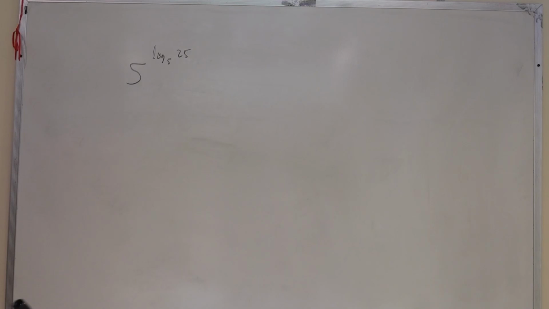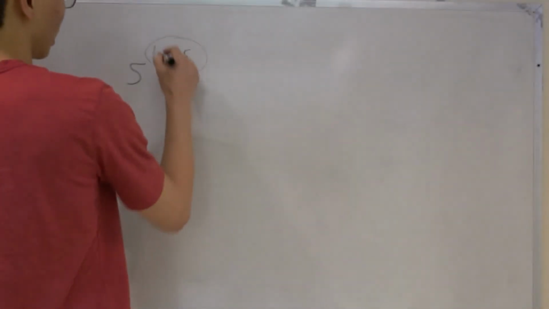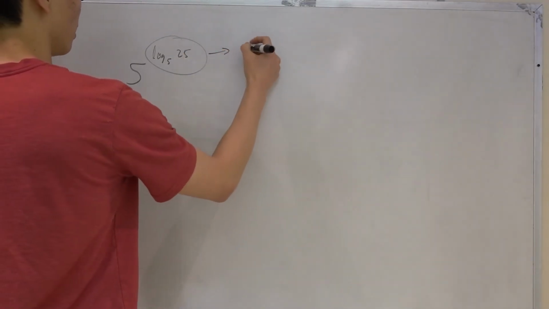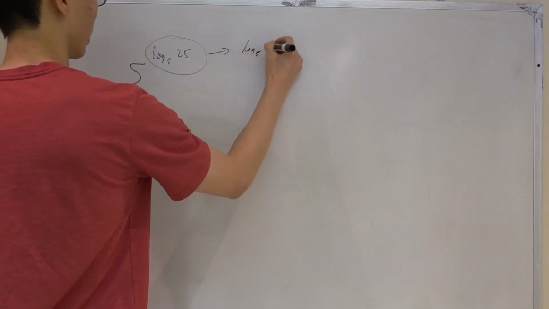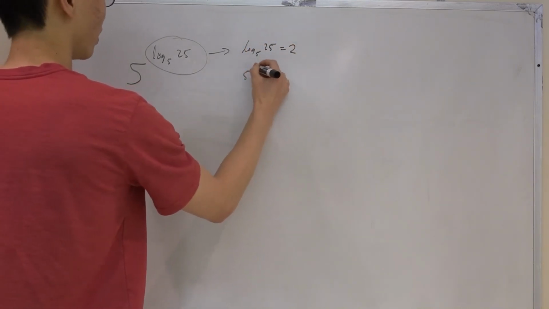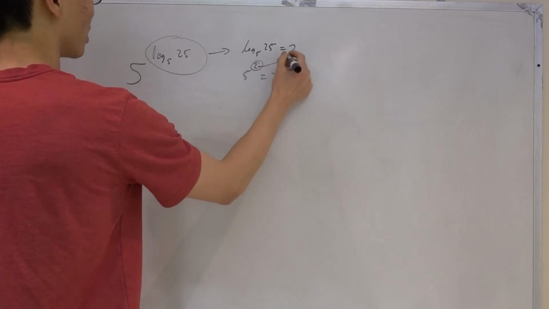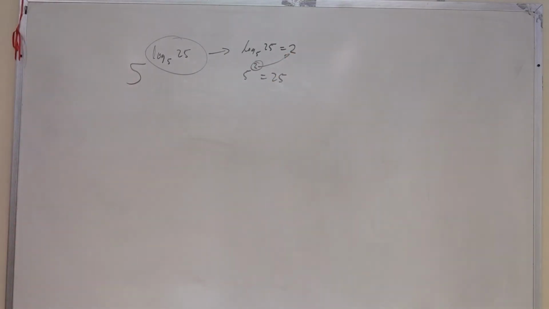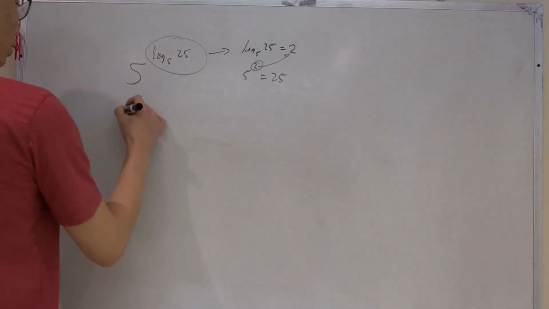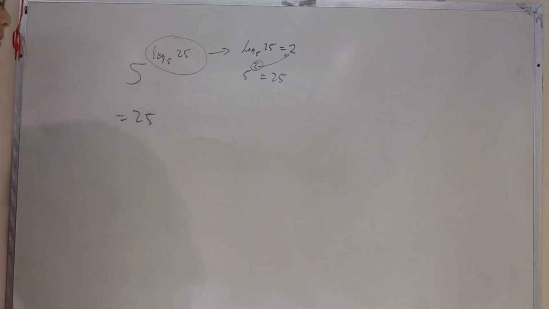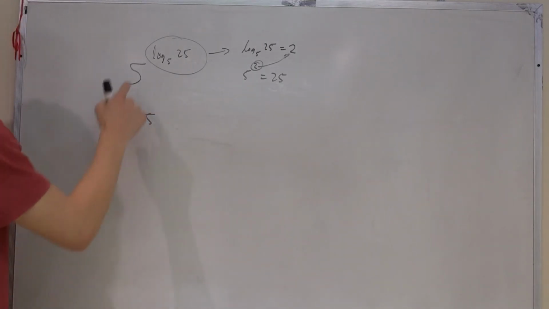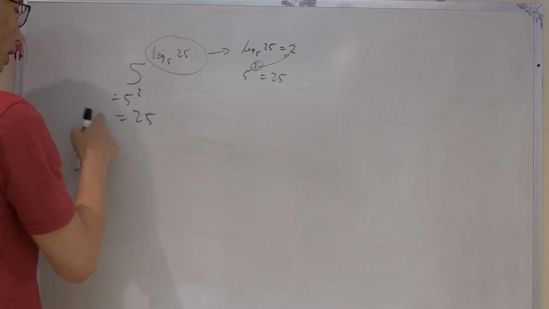This one's quite easy. You can just look at the exponent and see that it is equal to 2 because 5 to the 2 is equal to 25. Remember, the answer is the exponent. Okay. Then that just gives us 25 here, because you get 5 to the 2, and that gives you 25.